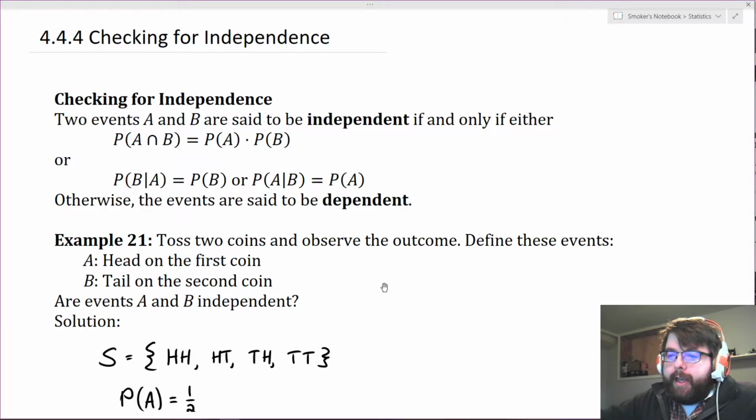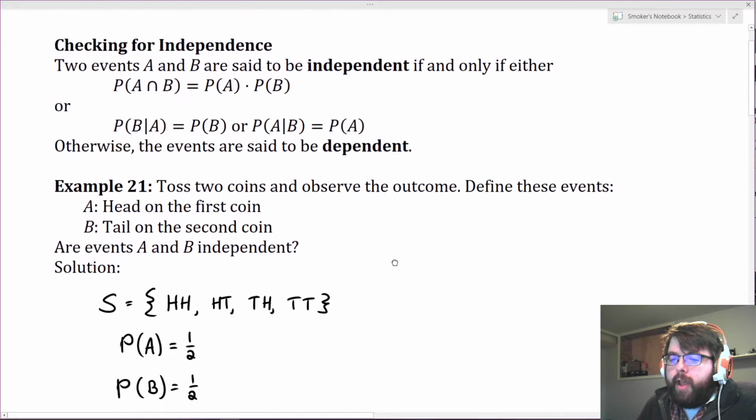The probability of getting heads on the first coin, which we label A, will be 1/2. The probability of getting tails on the second coin, which we label B, is also 1/2.